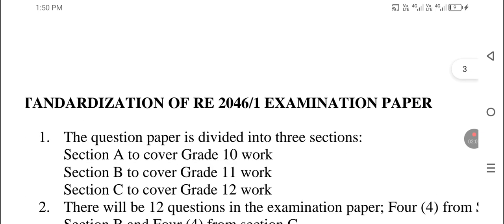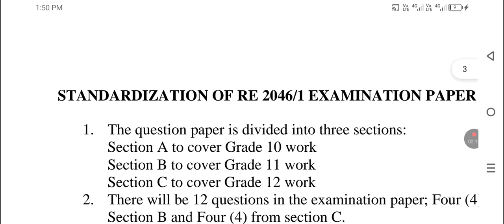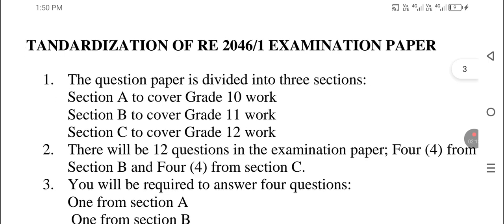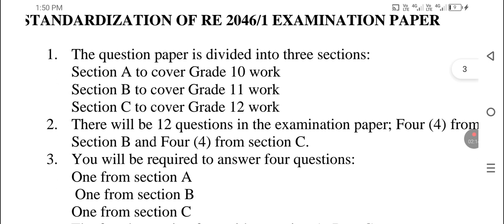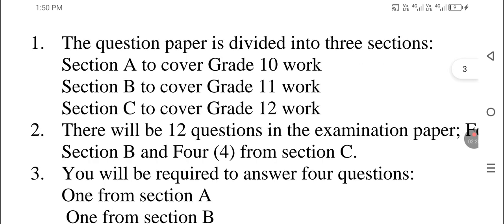Some of the rules that you need to follow are very, very important if you want to get good marks. Number one is that the question paper is divided into three sections. Section A covers grade 10 work, section B covers grade 11 work, and section C covers grade 12 work.